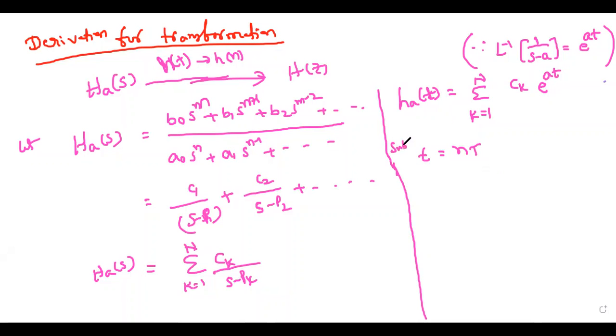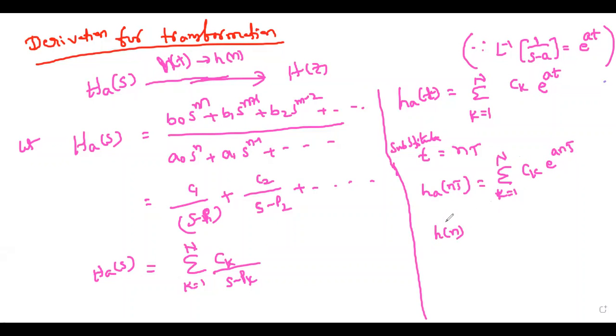So substitute t is equal to nT. Therefore, it will be written as h_a of nT is equal to summation k is equal to 1 to N, c_k into e power p_k nT. Now this h_a of nT is nothing but h of n.